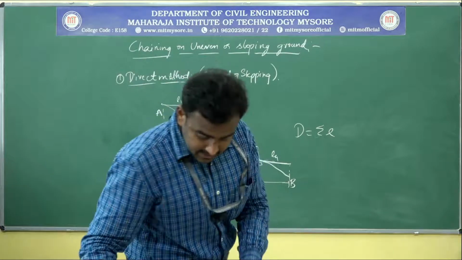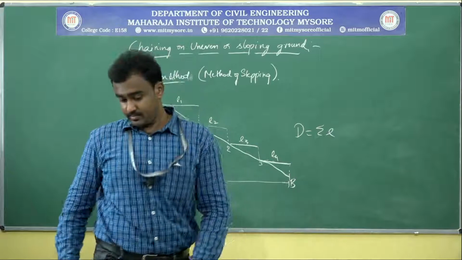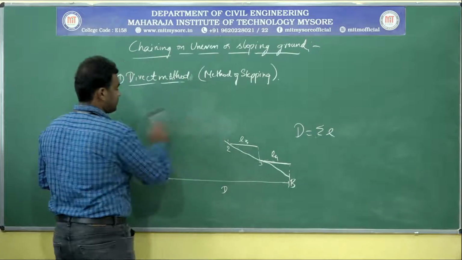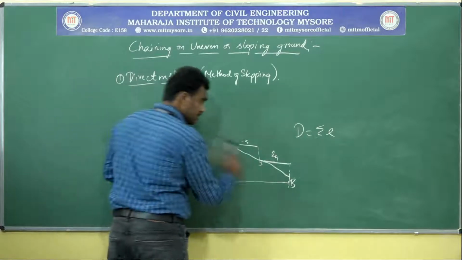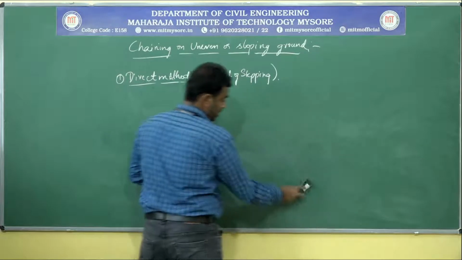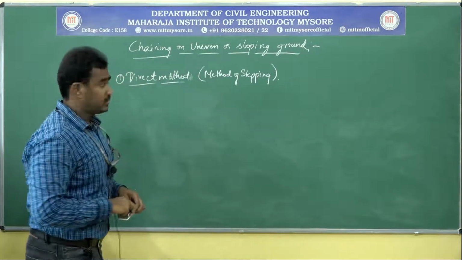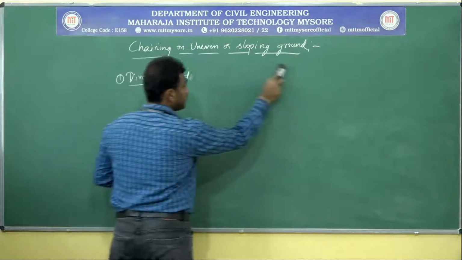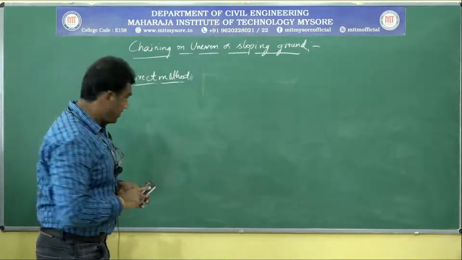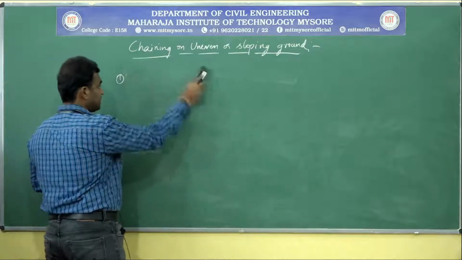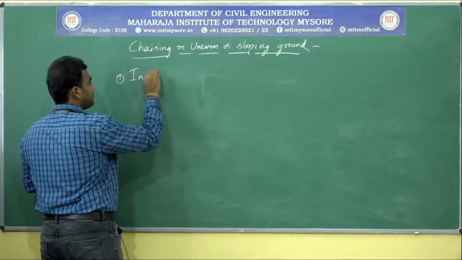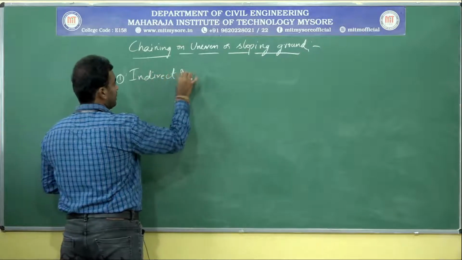Another case is that we can also find the horizontal distance on regular or even sloping grounds by just knowing the sloping distance or the difference in elevations. Such methods are said to be indirect methods.